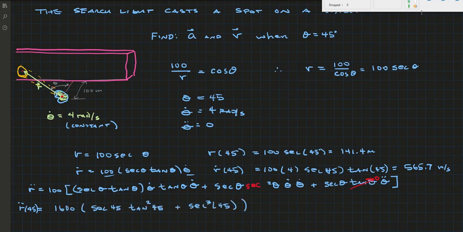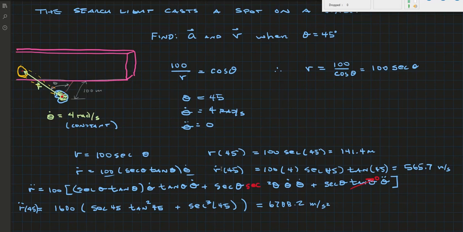So I have a theta dot in each of these. So that's theta dot squared, so 4 squared is 16. I can pull that out with the 100 for 1600 and then stick in 45 degrees for the angles here. And the end result is 6,788.2 meters per second squared.